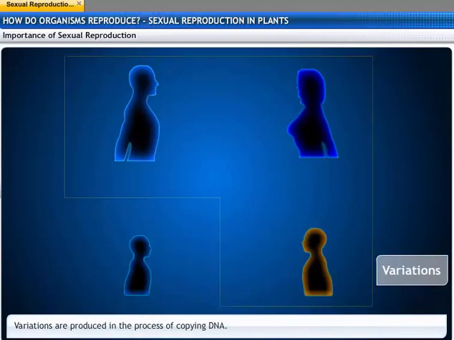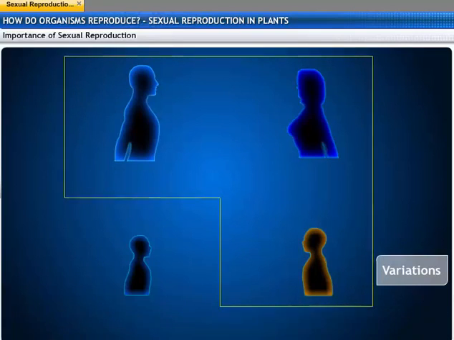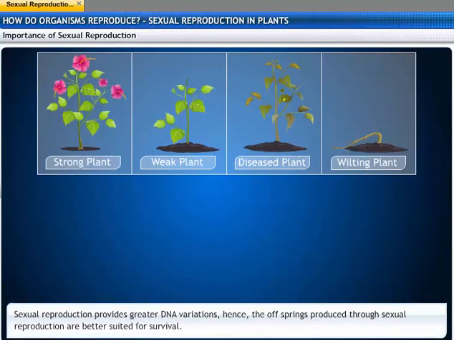Correct. In the process of copying the DNA, variations are produced. Sexual reproduction provides greater DNA variations.